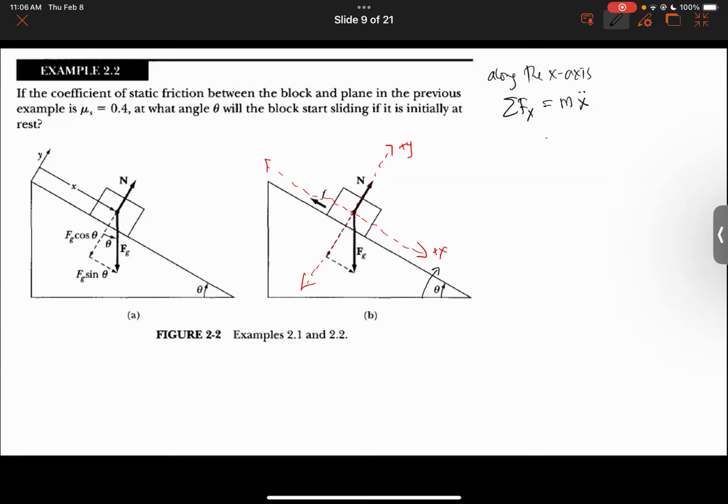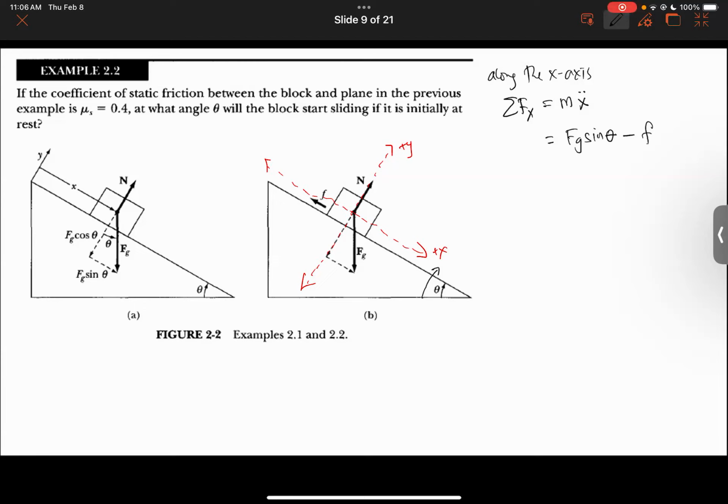Yung sum ng lahat ng forces na yan ay, kung titignan natin, is Fg sine theta, and then yung frictional force, which is towards the negative x-axis, so that's minus F.